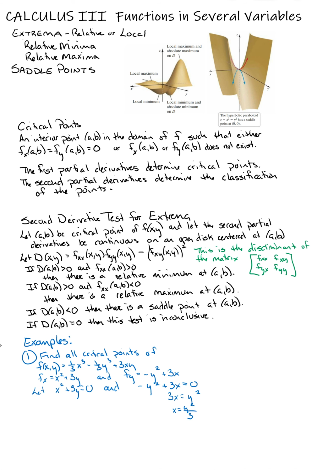Substitute that into the other equation, which gives us y squared over 3 quantity squared plus 3y is equal to 0. That's y to the 4th over 9 plus 3y is equal to 0. Clear that fraction by multiplying both sides of the equation by 9, which gives us y to the 4th plus 27y equals 0. We can factor that.